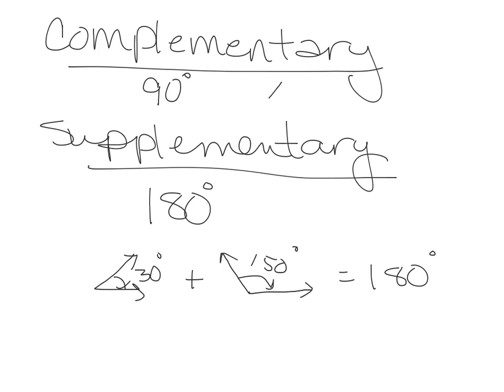So if I had a 30 degree angle and a 60 degree angle, 30 plus 60 is 90, so the 30 degree and the 60 degree angle are complementary. Those are two of your definitions, so you're going to want to add those to your definition page.